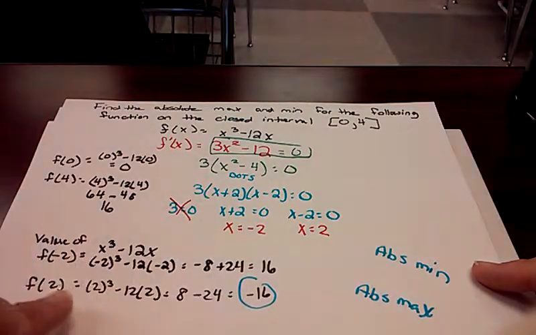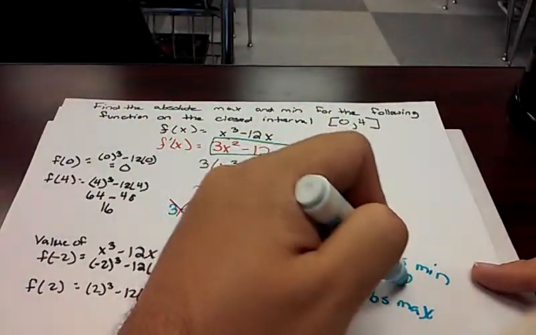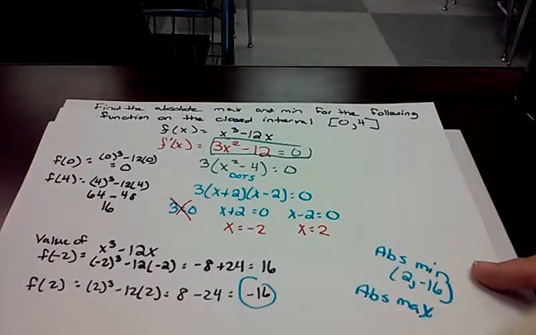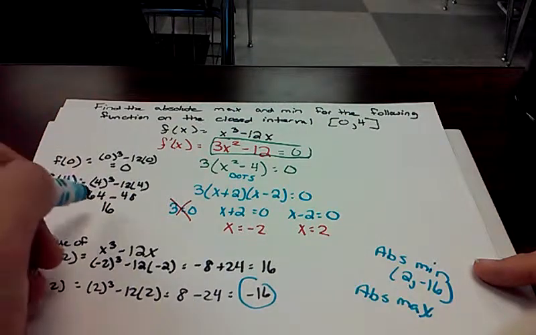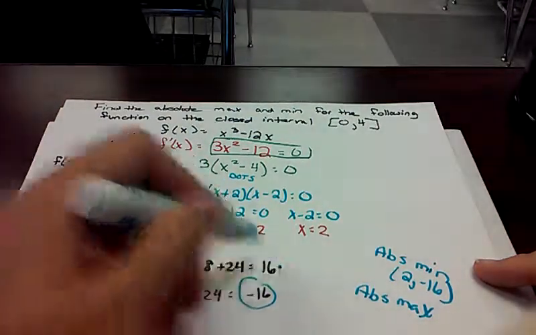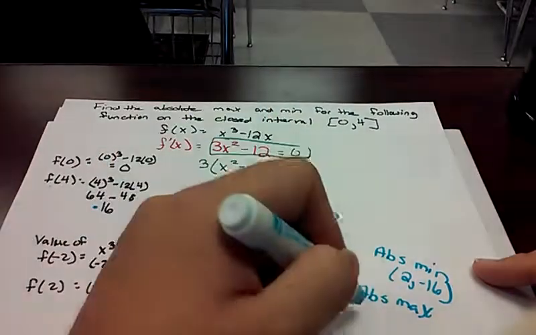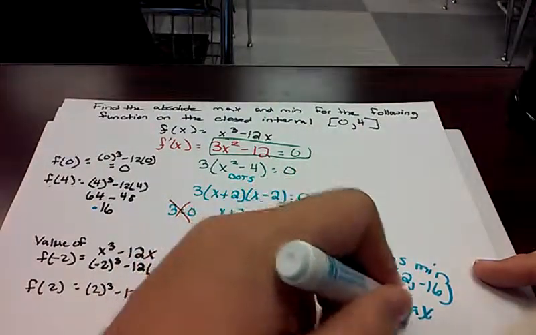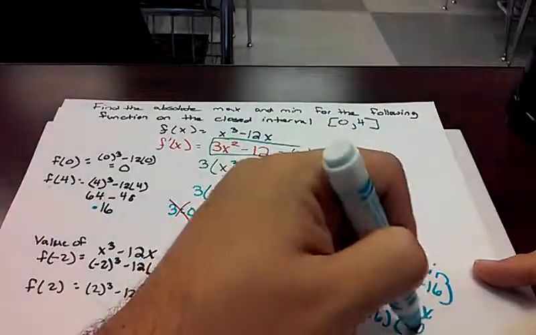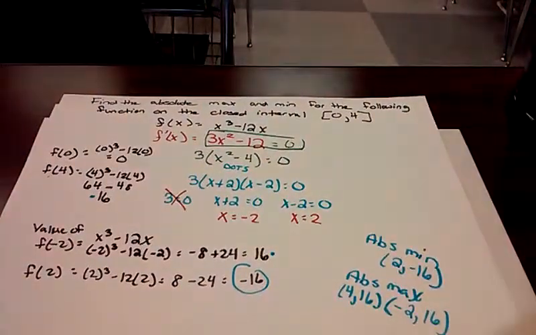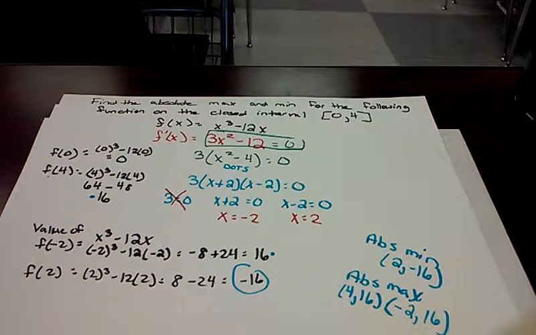It would be at the point (2, negative 16). And then my absolute max, I've got two of them, right? Because 16 appears twice. So my absolute max appears at (4, 16). So that's the first point. And the second point would be (negative 2, 16). And so that would be my absolute max and then my absolute min.